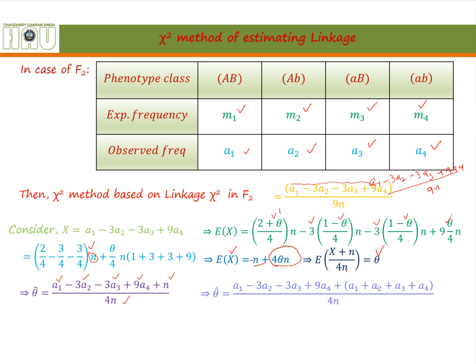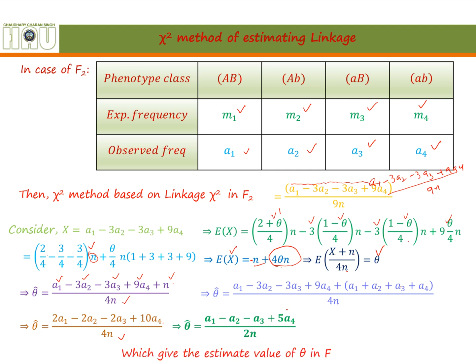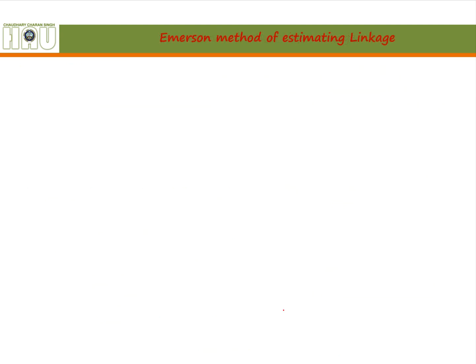Because n is A1 plus A2 plus A3 plus A4, on simplification I will get 2A1 minus 2A2 minus 2A3 plus 10A4 by 4n. And if I take 2 common from this expression, finally I will get theta cap is (A1 minus A2 minus A3 plus 5 times A4) upon 2n, which gives the estimated value of theta in F2. Then there are two more methods we can use.